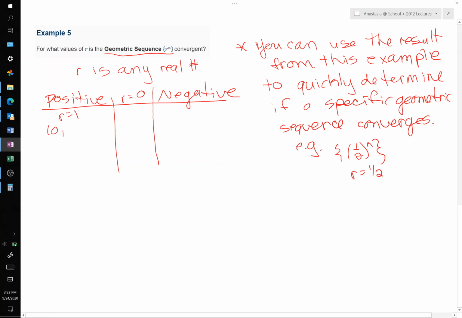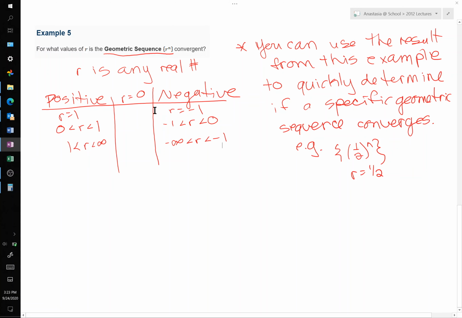With positive r values, we will also probably want to consider r equaling 1 separately. So then we'll have the interval from 0 to 1, and we'll also have the interval from 1 to infinity. And we're going to have similar categories for the negative cases. So this would be r equaling -1, between -1 and 0, and then between -infinity and -1.